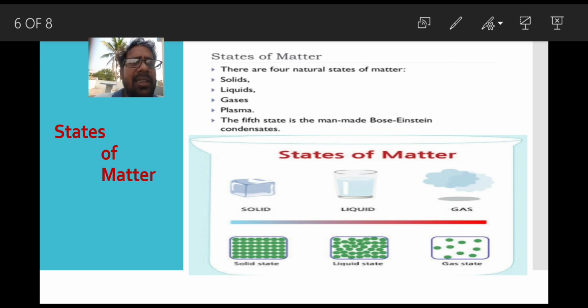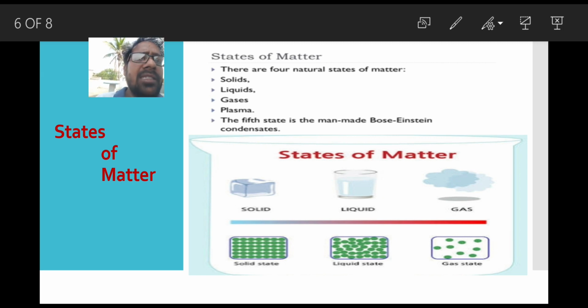You can see in the case of liquid, molecules are quite far apart from each other. It has more intermolecular space than solid, and when space increases, force of attraction decreases.